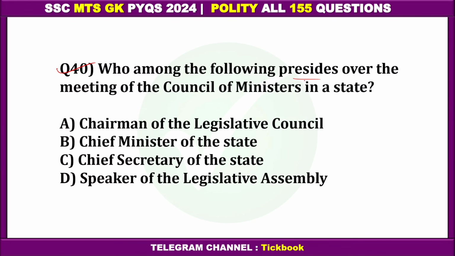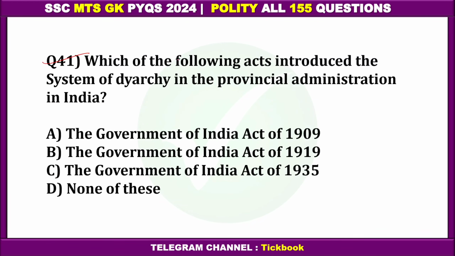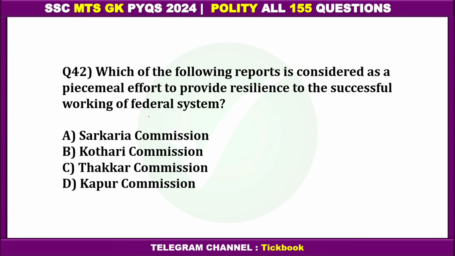Who among the following presides over the meeting of the Council of Ministers in a state? Option number B, Chief Minister of the state. 41. Which of the following acts introduced the system of diarchy in the provincial administration in India? Option number B, the Government of India Act of 1919.